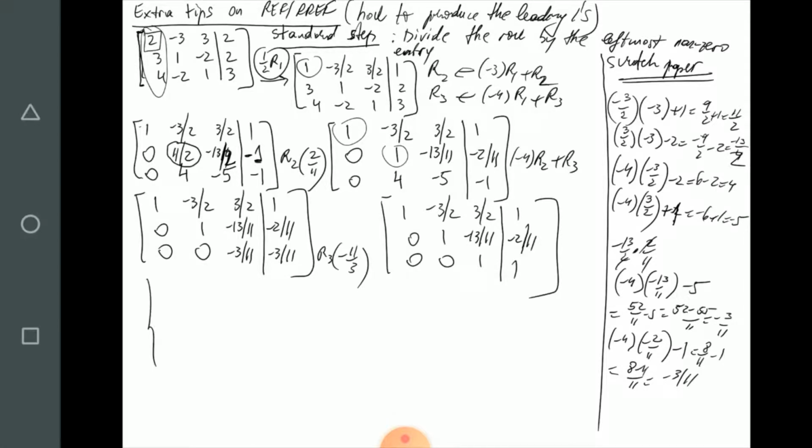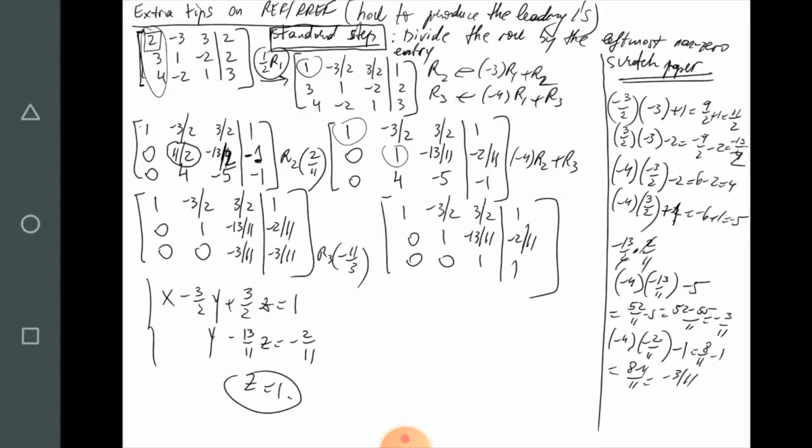It's just that using the standard step that I mentioned, we had a pretty tedious process to get to the row echelon form. So the system is x minus 3 over 2 y plus 3 over 2 z equals 1. Second equation is y minus 13 over 11 z equals minus 2 over 11. And the last equation is z equals 1.